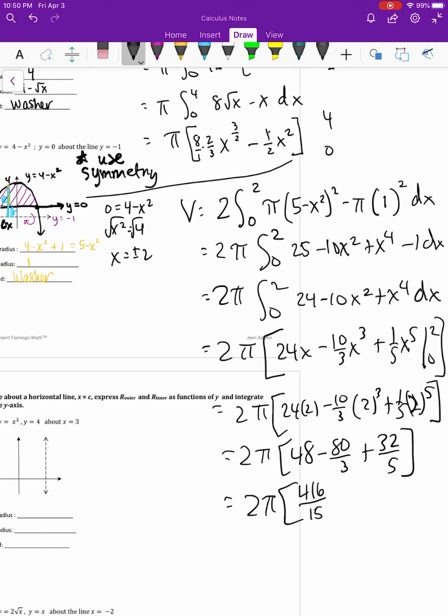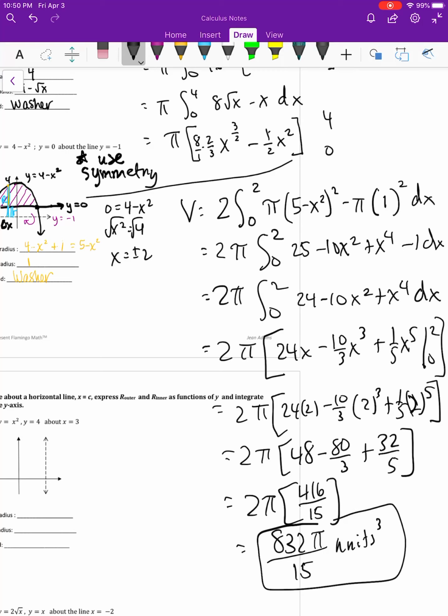And this gives me 416 over 15, so 832 pi over 15 units cubed.